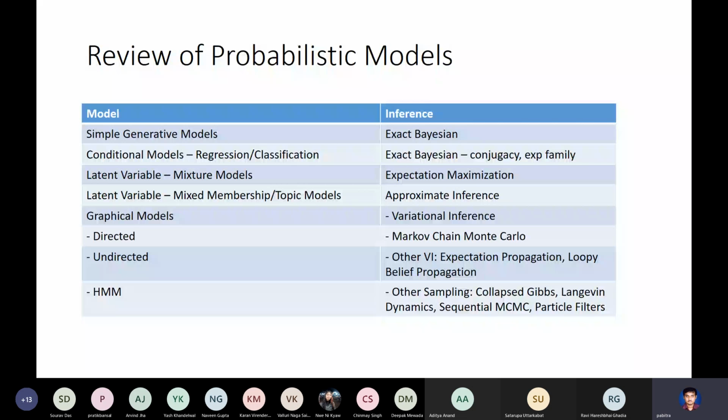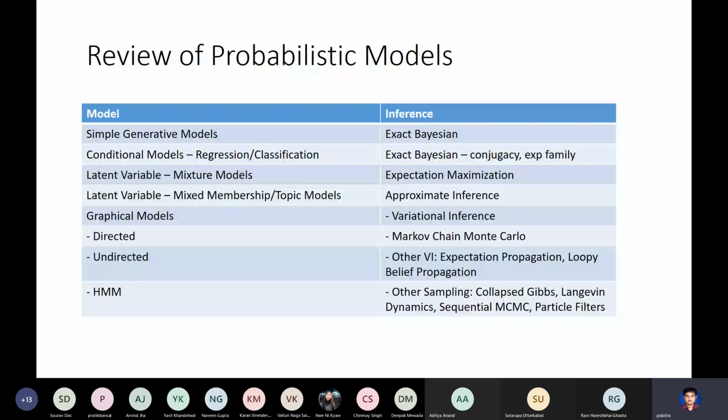Okay, so let me start with the application problem. Then I'll discuss its mathematical formulation. So the problem is the following. We rather call it a probabilistic topic model than just a topic model. You are given a collection of objects.